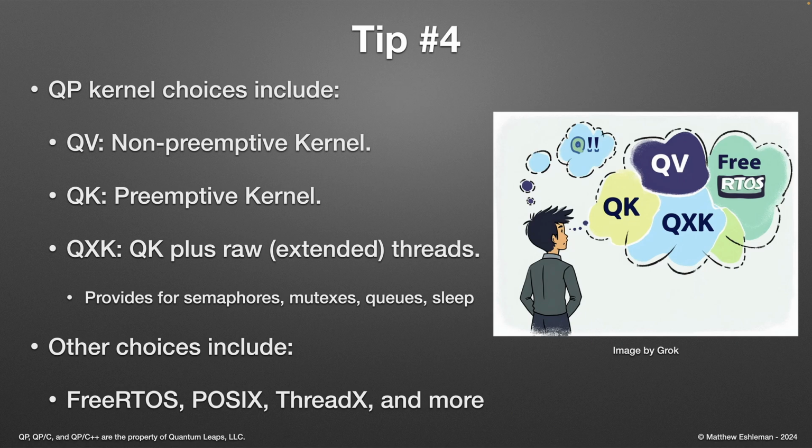So that is, I think, everything I needed to say on tip number 4. Again, we have a lot of choices: QV, QK, QXK. Let's try hard to choose QK or QV. But to make that decision, let's take a close look at all the third-party libraries that this product must use.